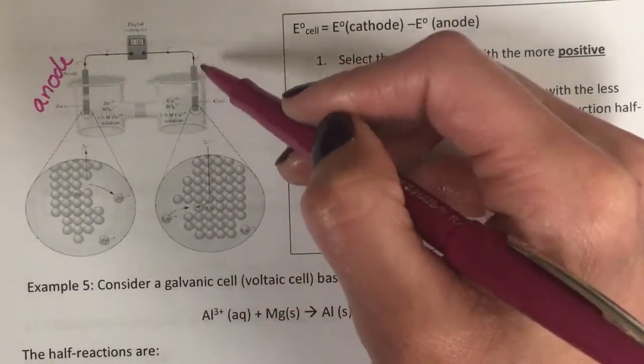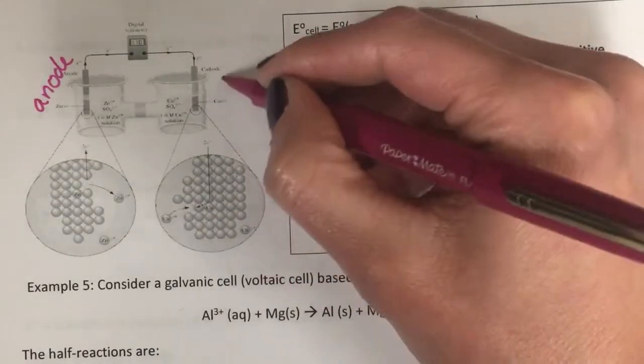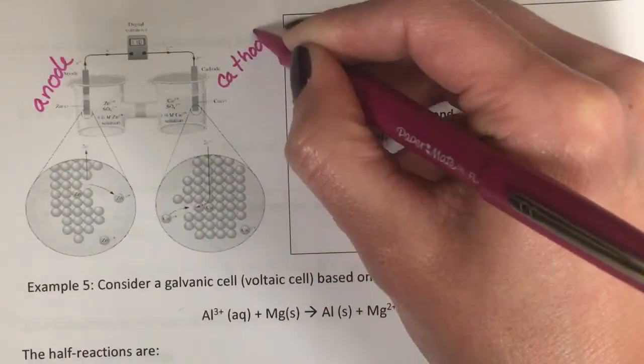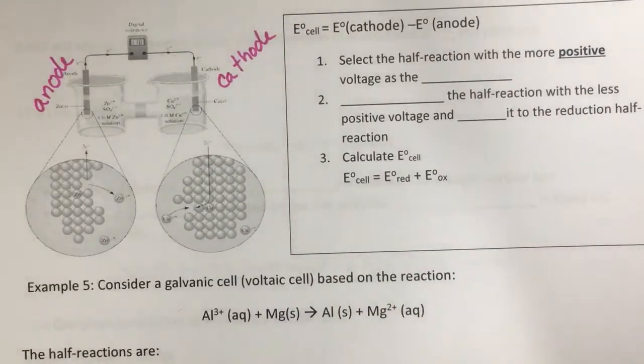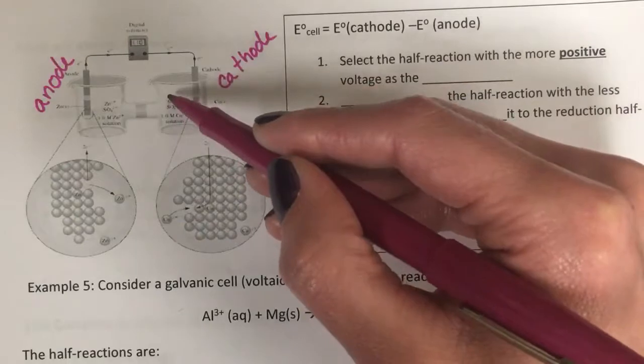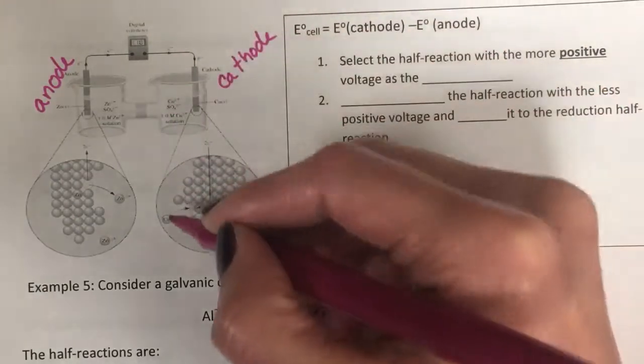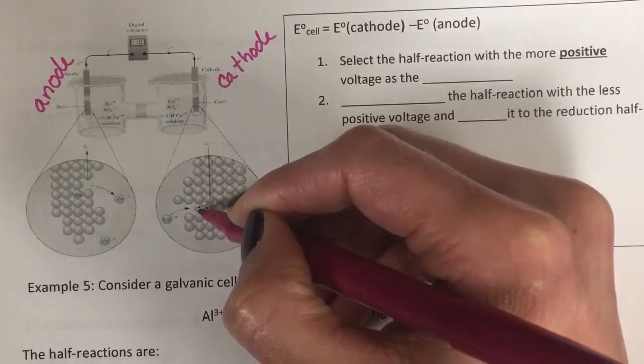Electrons are flowing towards copper. Copper is my cathode. It is being reduced. So as it gains electrons, my copper 2+ in solution is going to become copper metal.